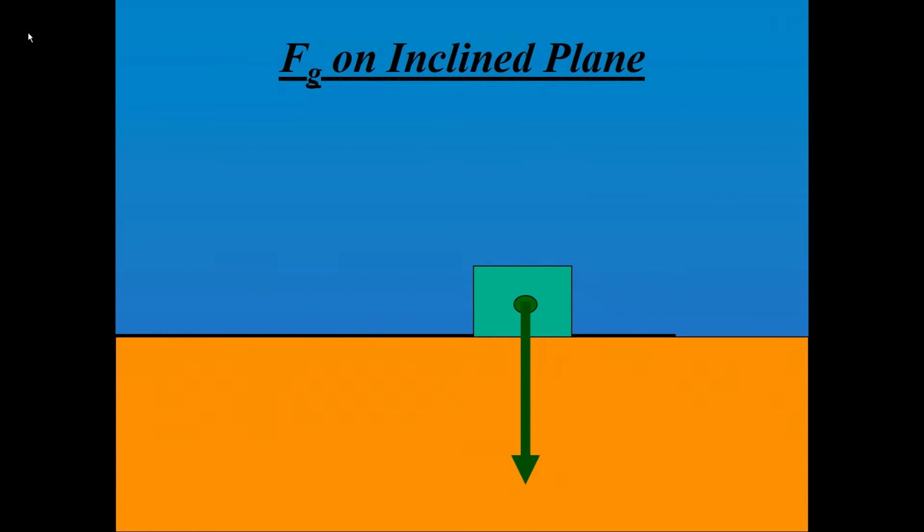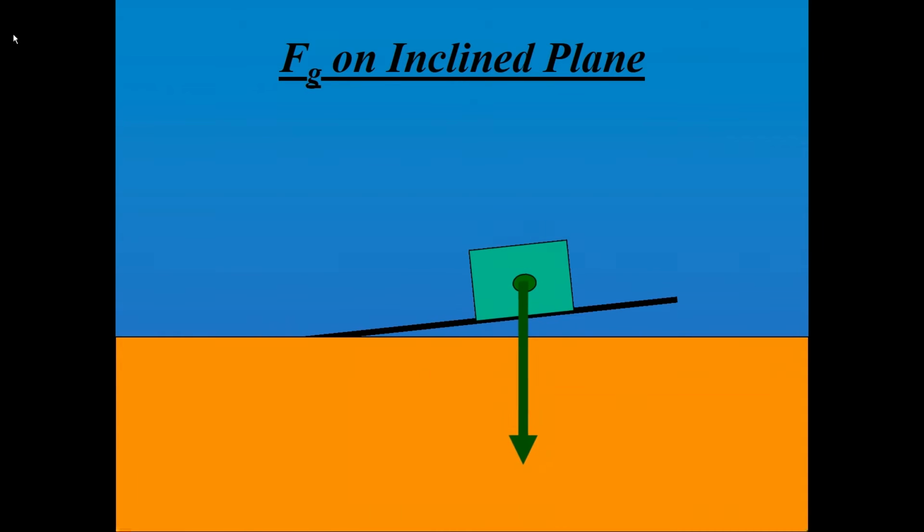Now I want to take a look at the force of gravity as this inclined plane has its angle increased. So this green arrow represents the force of gravity down, and this is going to remain constant as it's done in many other problems. But watch what happens as we increase the angle of the plane.